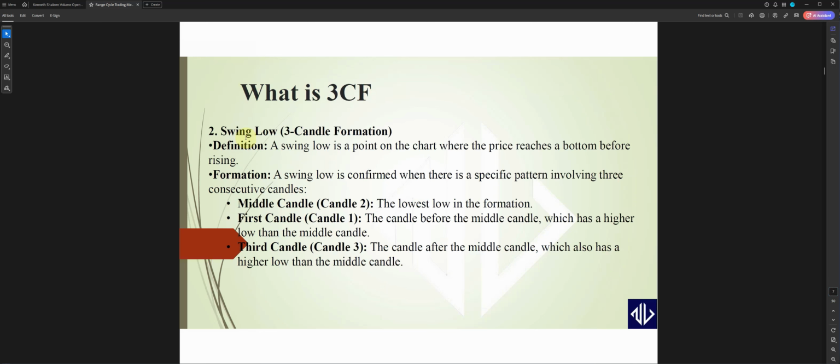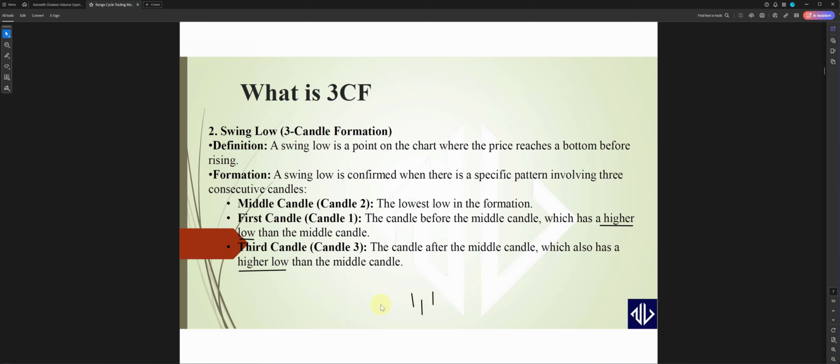For the swing low, we want to see the middle candle be the lowest one, and one candle on the left side should have a higher low, and one candle on the right side also should have a higher low.